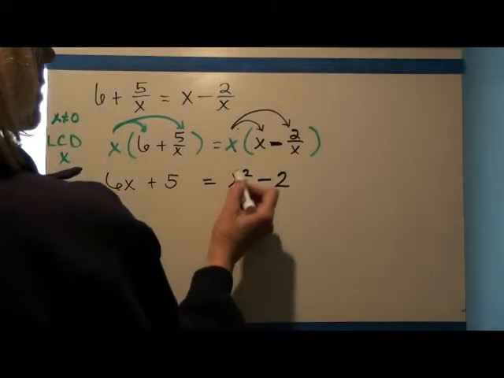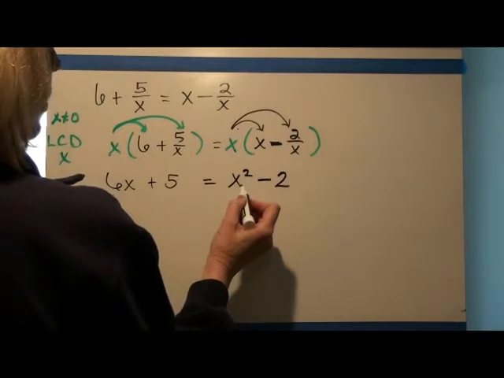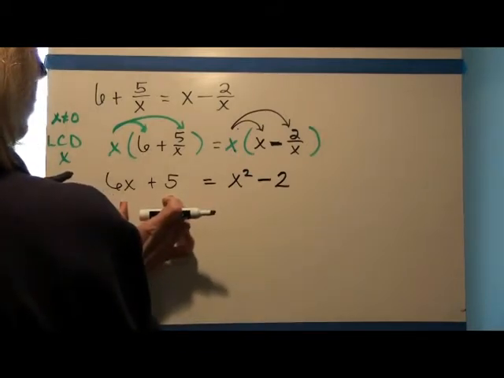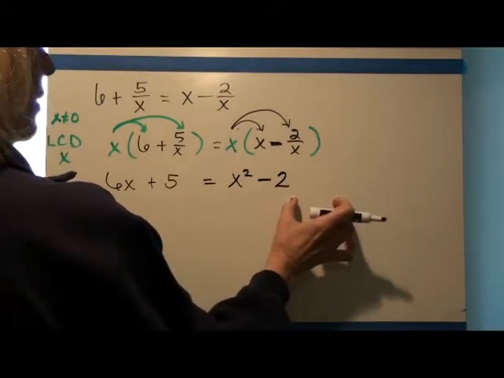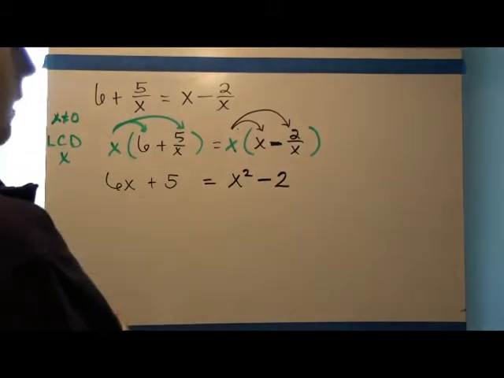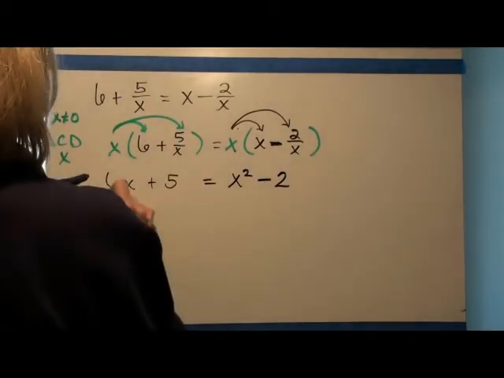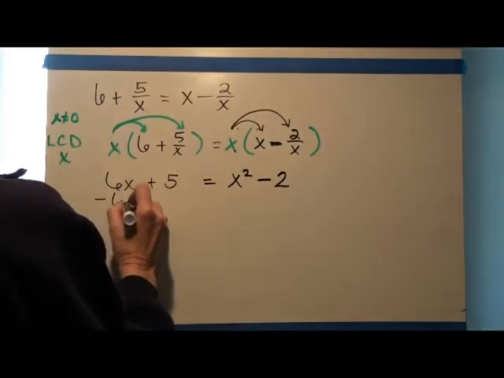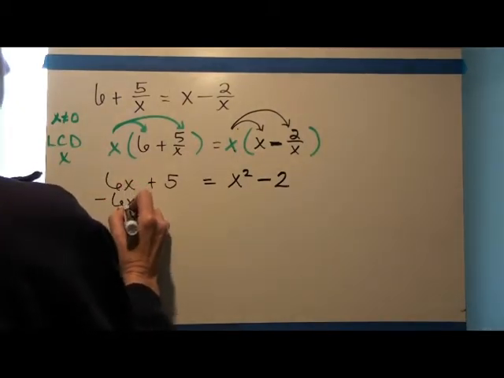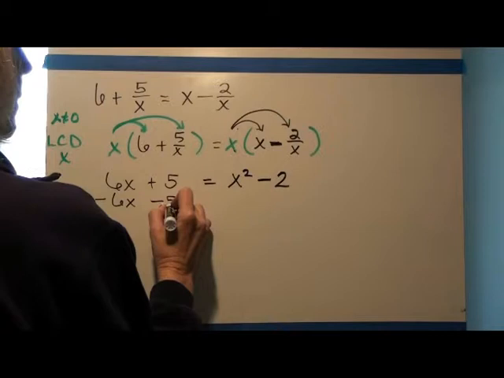Now this has x squared already positive, so what I'm going to do is move these two terms over here to keep my x squared positive and make factoring easy. To do that, I would need to do the opposite here, subtract 6x, and then subtract the 5.